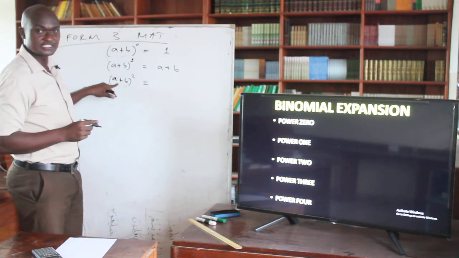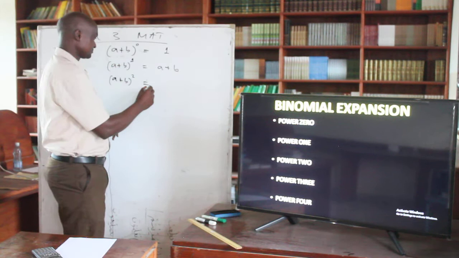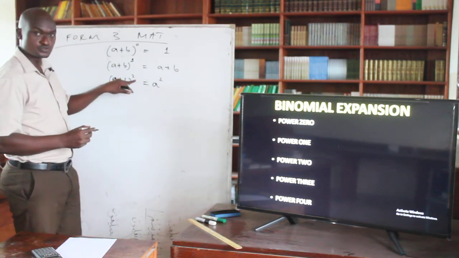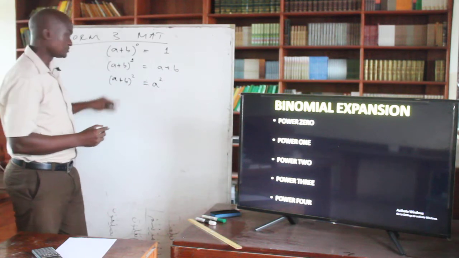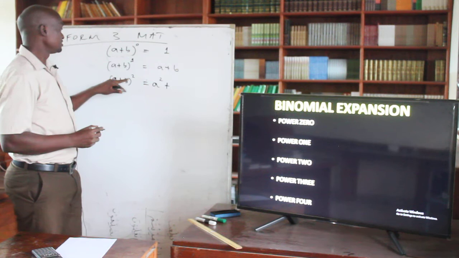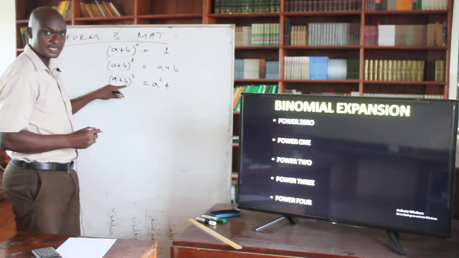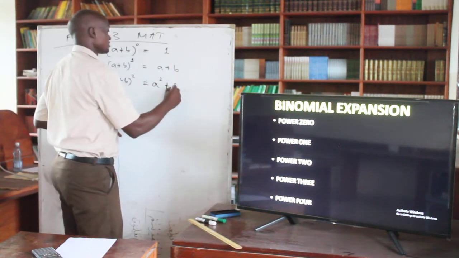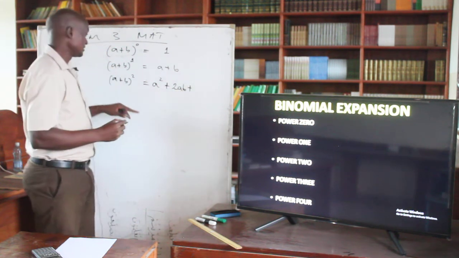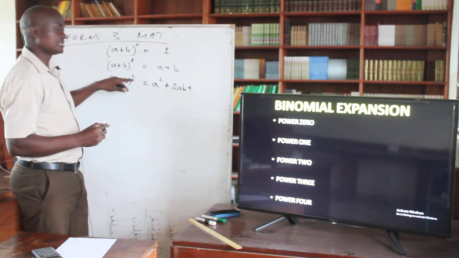How do we expand this term? It should be a power 2. The symbol here is plus, so it should be a plus. Then 2 times a times b to give us 2ab, and then b squared.